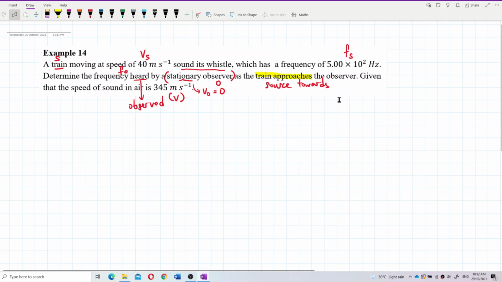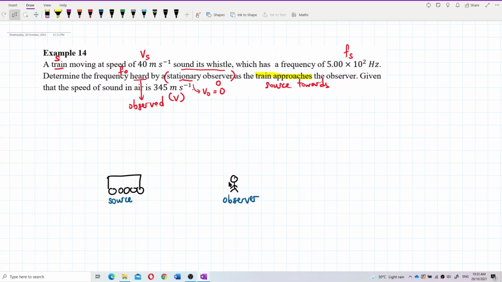Okay, good. Now we can draw a diagram like this. Here is the source, the train, which approaches the observer. So the train is moving towards, and we have VS. The observer is stationary.